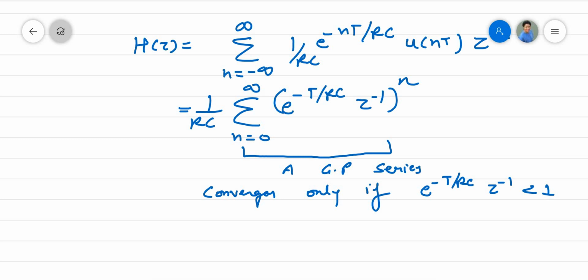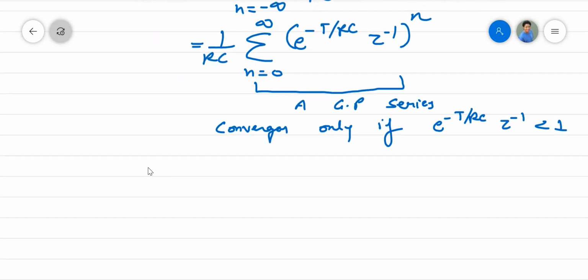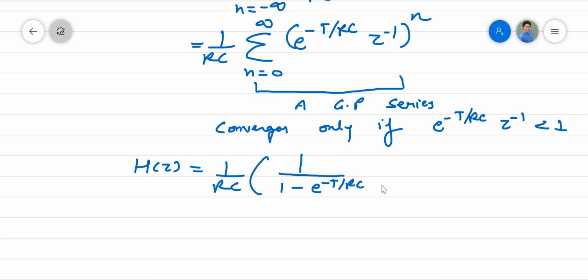For that particular case, H(z) will be equal to 1 by RC times 1 over 1 minus e to the power minus T by RC z to the power minus 1, right? For an infinite geometric series which converges, its sum will be equal to 1 over 1 minus e to the power minus T by RC into z to the power minus 1.